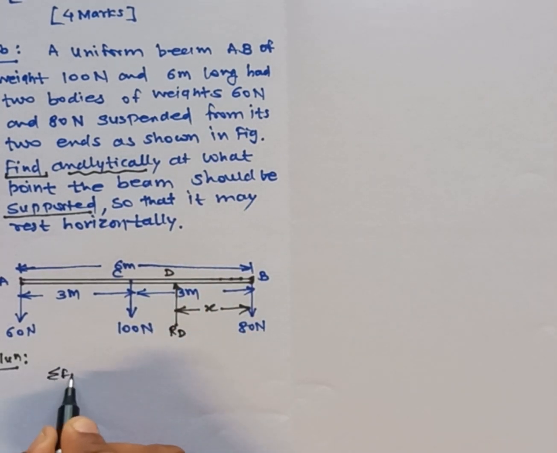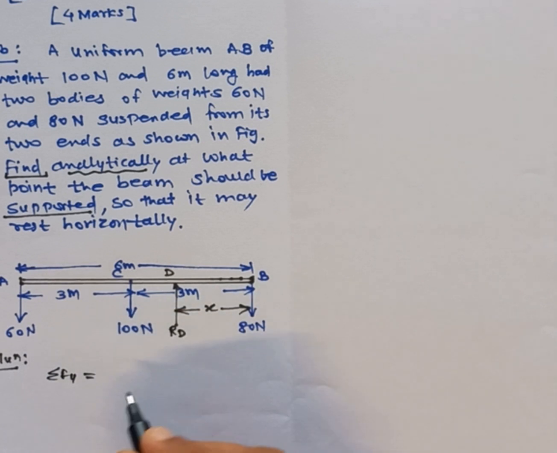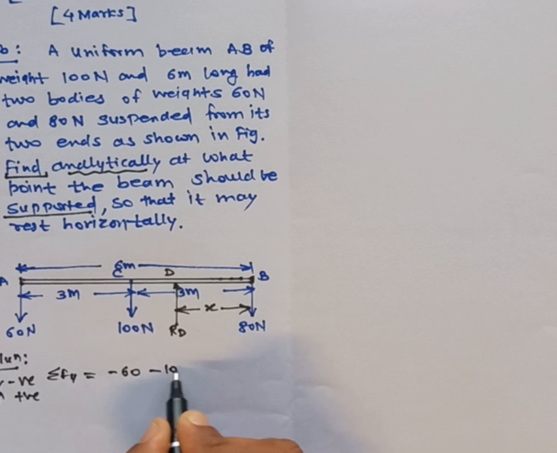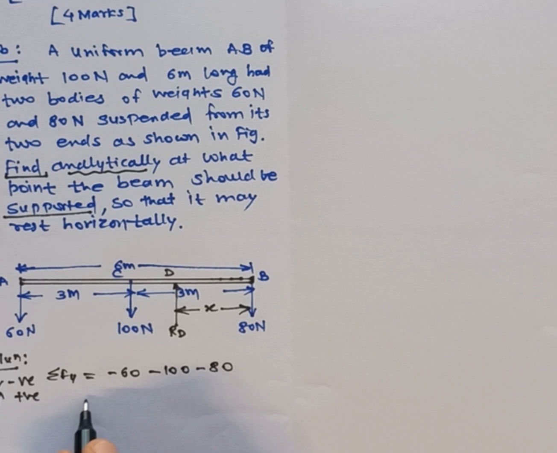So summation of Fy is equal to, downward I generally take negative, upward I take positive. So minus 60, minus 100, all are downward, minus 80. So this is minus total 240 Newton. So this is the summation of Fy.